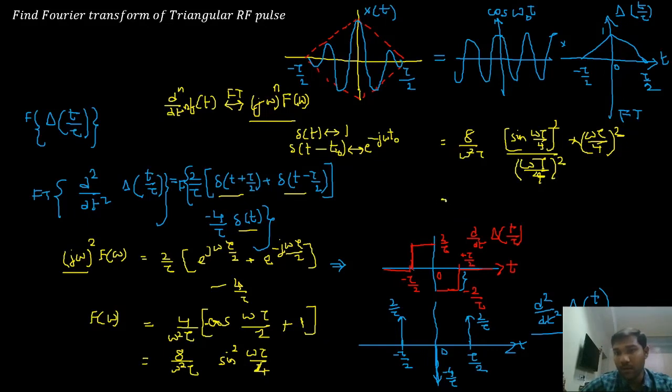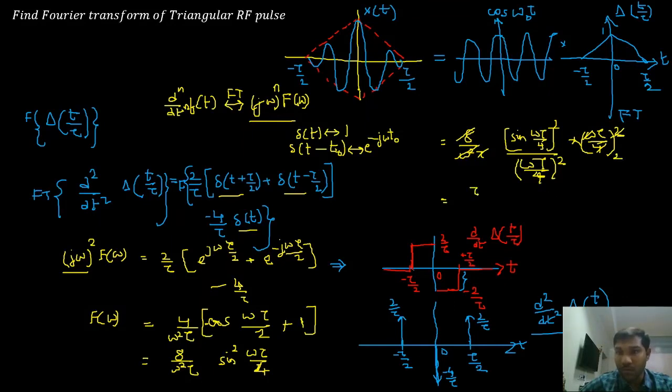Then simplifying this, I will get omega square and omega square gets cancelled. Here there is tau square and here there is tau, so I am left with a tau there, and here I have 8 and in the denominator I have 16, so I am left with tau by 2.